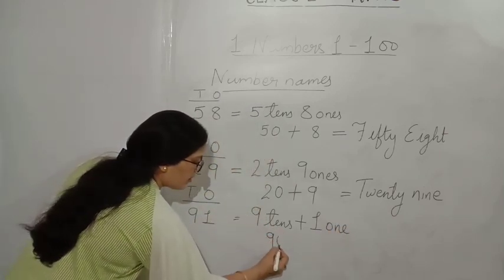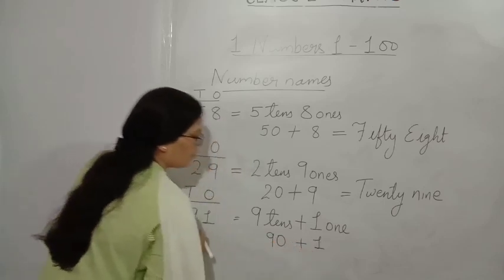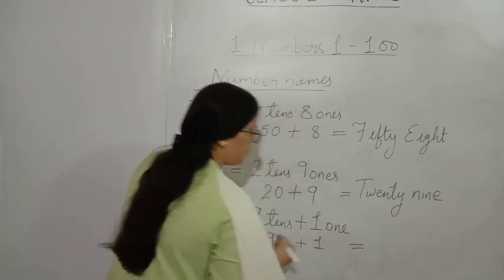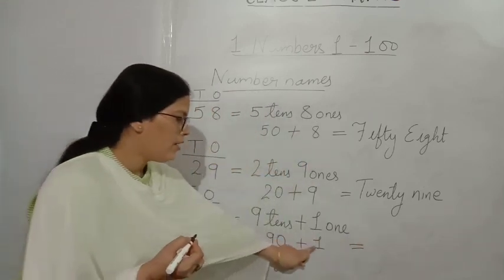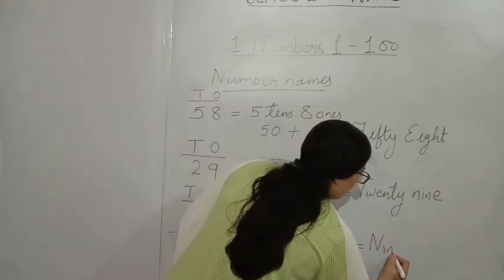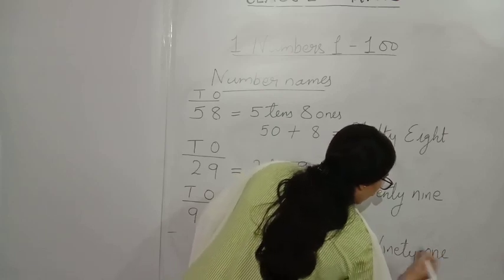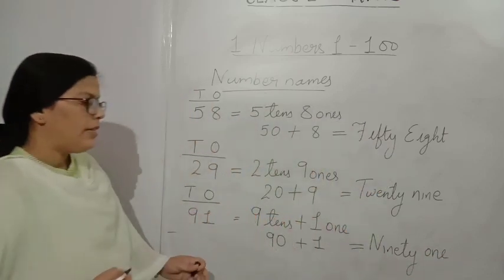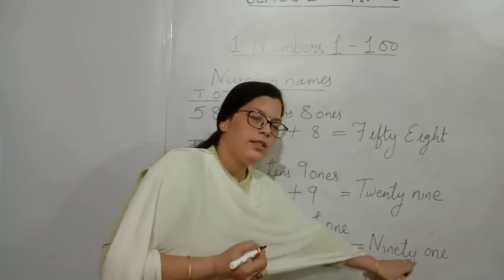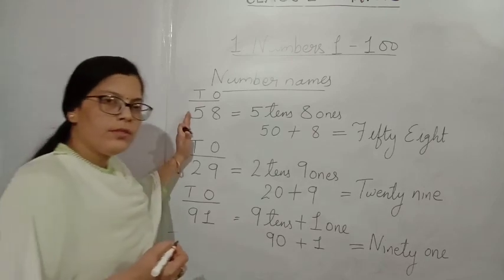It is 90, and 1 one is just 1. Okay, so the number is 91. It is spelled as Ninety-one. Okay, 91. Got it, all of you?